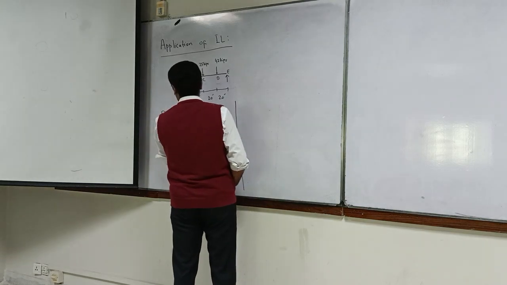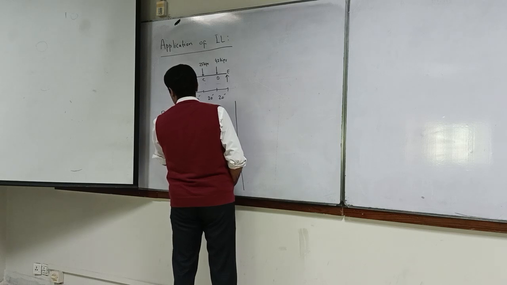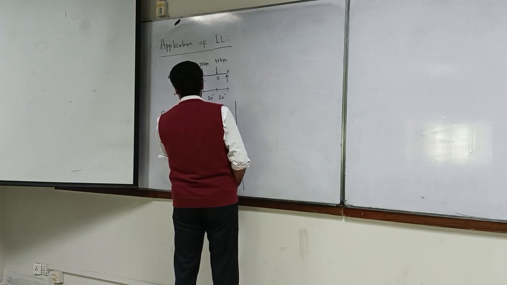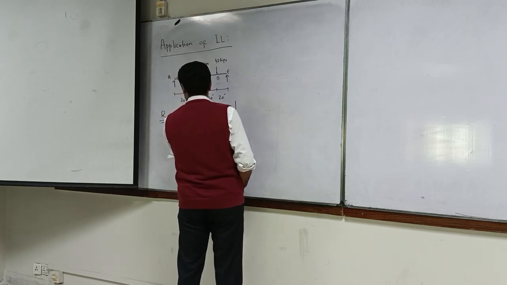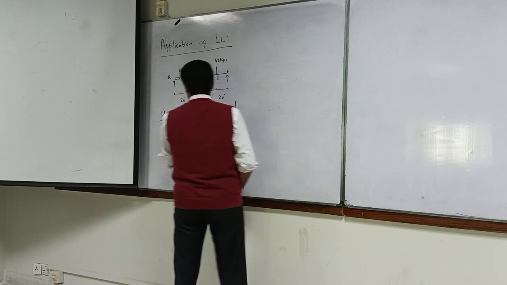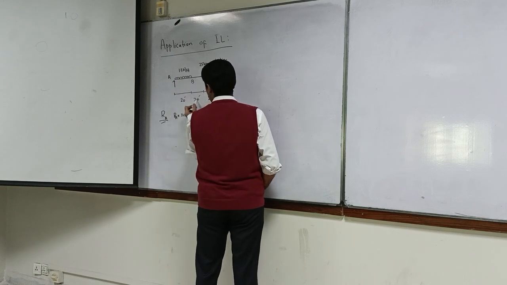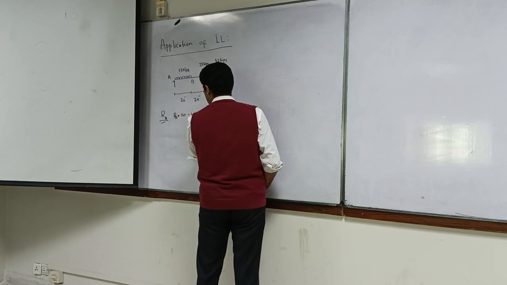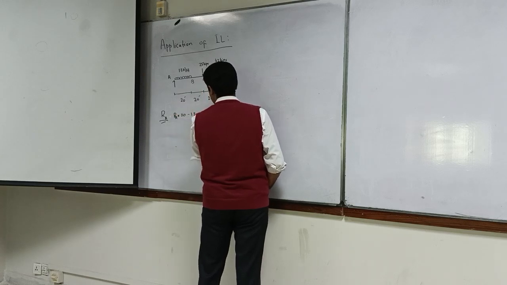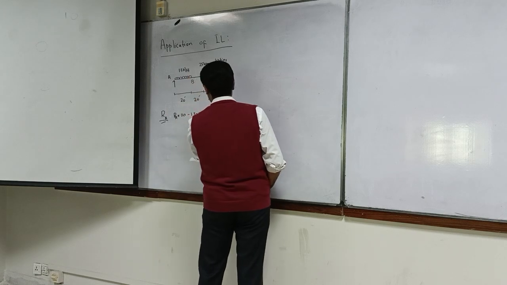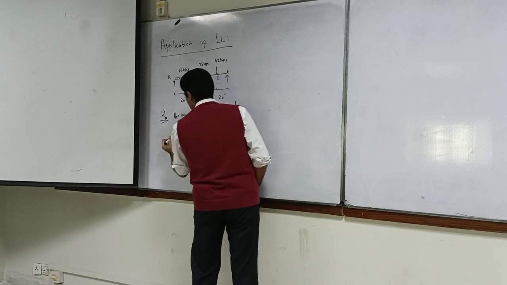So RA times, help me out, 80 minus 1.3 into 20, into 20, 20, 20, 60 and 70 minus 25 into 40 minus 42 into 20. Please get your calculators ready. Help me. What is RA?